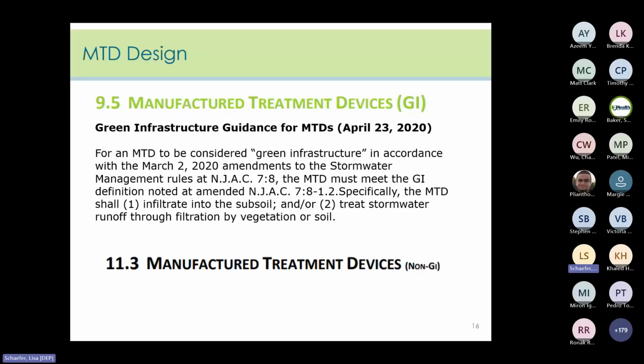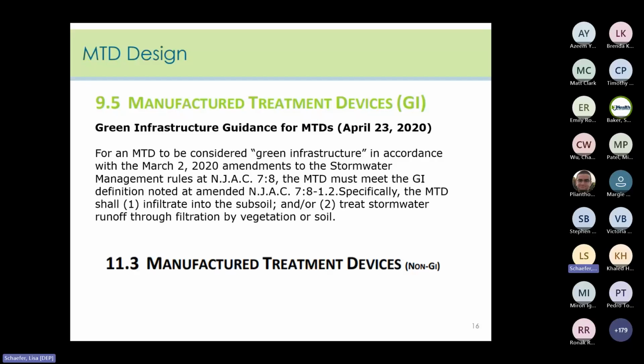There's the GI MTDs and the non-GI MTDs. So a GI MTD shall infiltrate runoff into the subsoil and or treat stormwater runoff through filtration by vegetation or soil. An MTD that uses a biofiltration media and can be configured above ground and incorporates a tree box, a planter box, or shrubs, etc., would meet the GI definition.